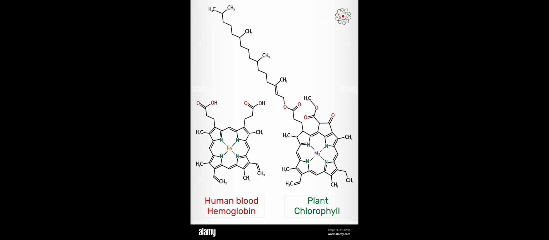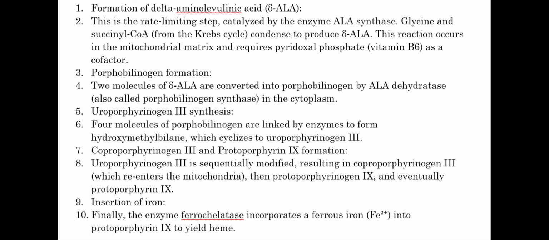So, I'm looking here at the synthesis of hemoglobin, formation of delta aminolevulinic acid. That's similar to what is done in chlorophyll. So the synthesis in the animal actually follows quite a bit the same process steps that it ends up with in chlorophyll, until the insertion of iron.